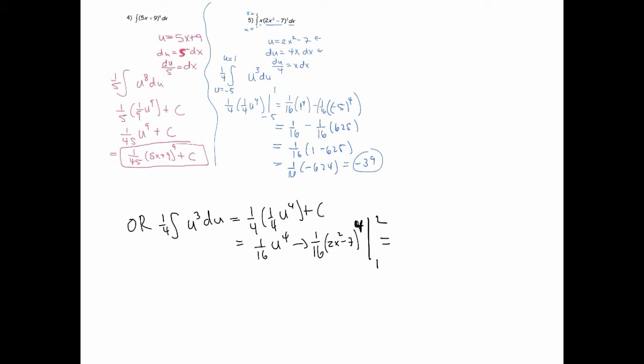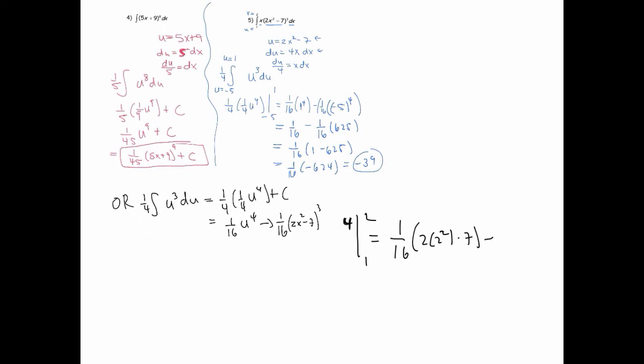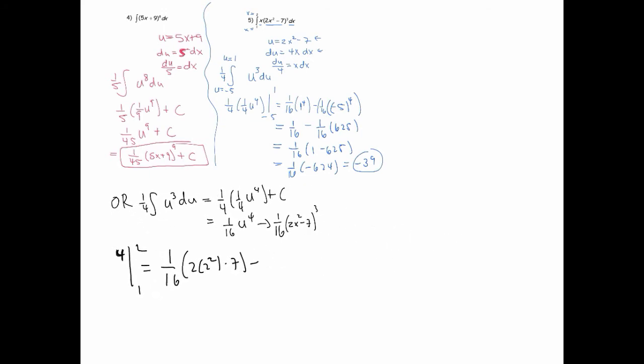And so then this would become 1/16 times 2 times 2 squared minus 7 to the 4th, minus 1/16 times 2 times 1 squared minus 7 to the 4th. My use of space is poor right now, so let's move this over here.